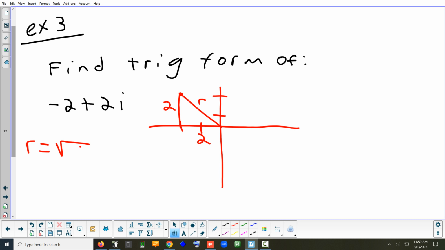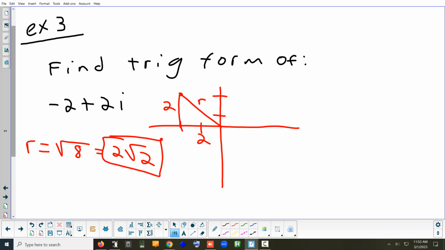So that's the square root of 8, which reduces to, reduce, not round, 2 root 2. Okay, so there's your radius.